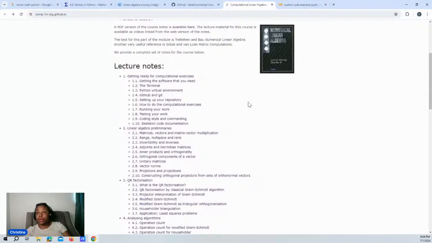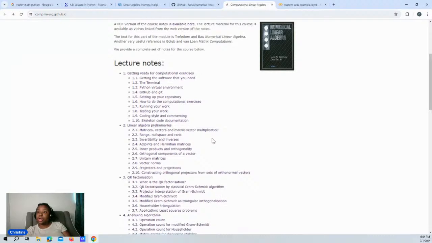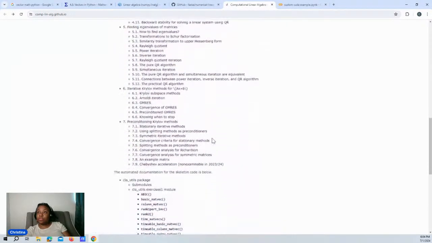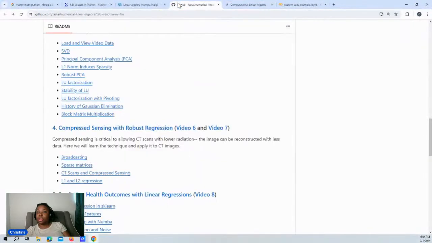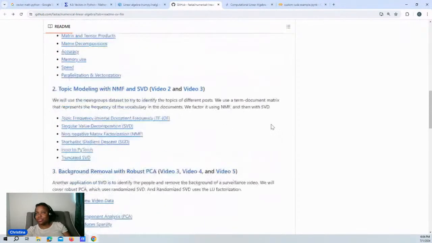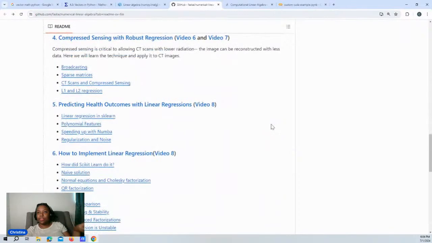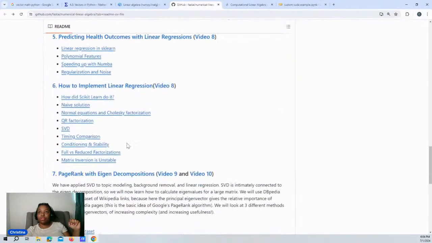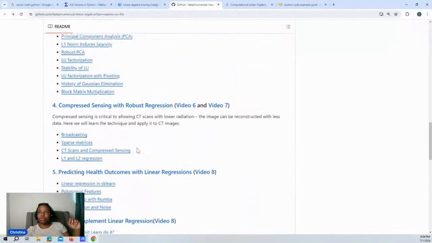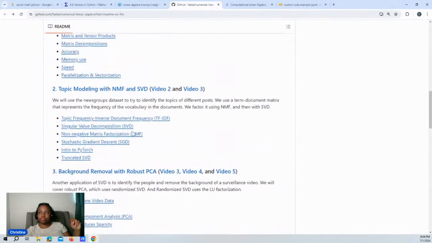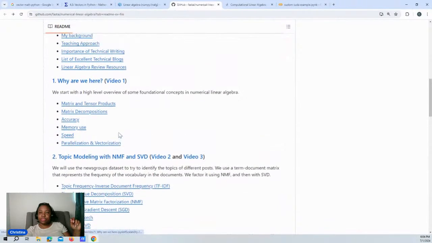I'm not going over all of this, I think, because this is the one from the Imperial College of London, and this one is from the FastAI people, and covers the basics, a lot of the foundational stuff.